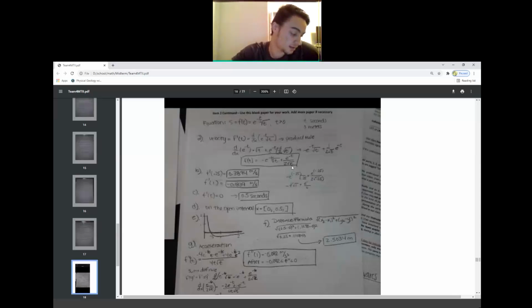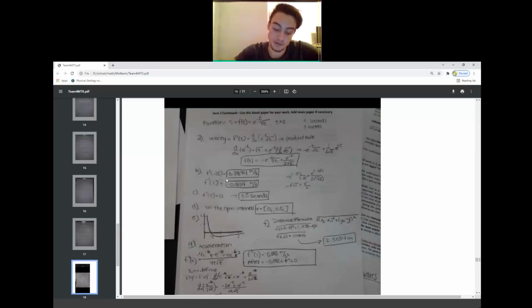For part B, what's the velocity after 0.25 seconds and after 1 second? So this one was simpler. All I needed to do was plug in these two points to the function and evaluate them at those points. So for the first one, I got 0.3894 meters per second for 0.25.